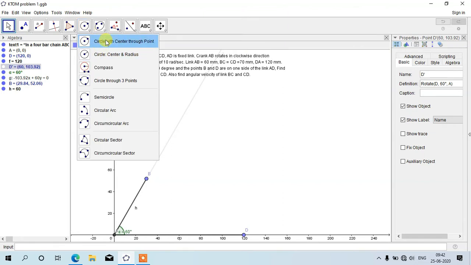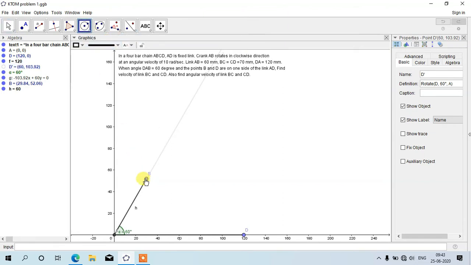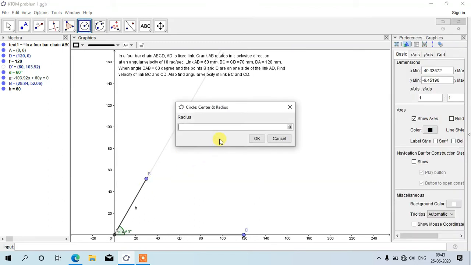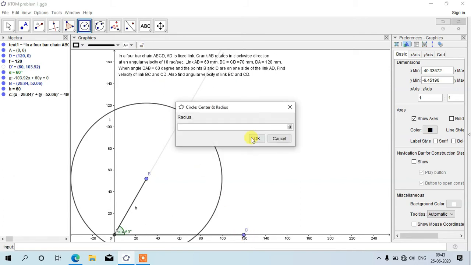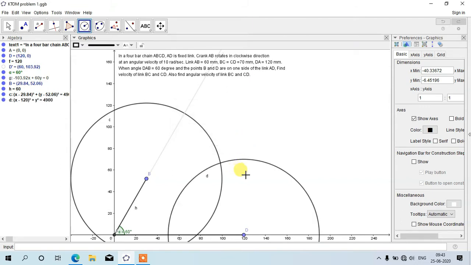I am doing it in another way. I am drawing a complete circle of radius 70 because we are given that the length of the links is 70. And another circle, or you can say arc, from point D, again of length 70 mm.